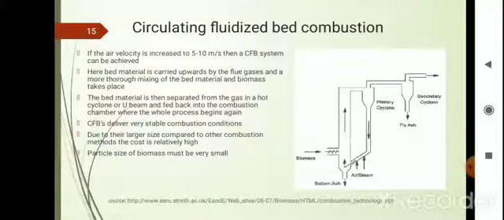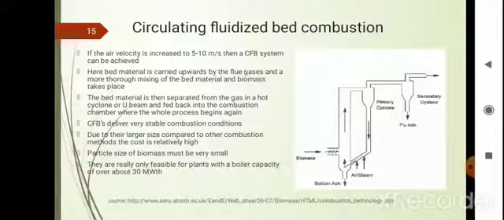But the problem is that the bed material is also carried away by the flue gas, which has to be separated through a proper cyclone, and it's costlier compared to the bubbling fluidized bed combustion. They are very much suitable for very large plants, in the range of about 30 megawatt, so for very large scale heat generation.